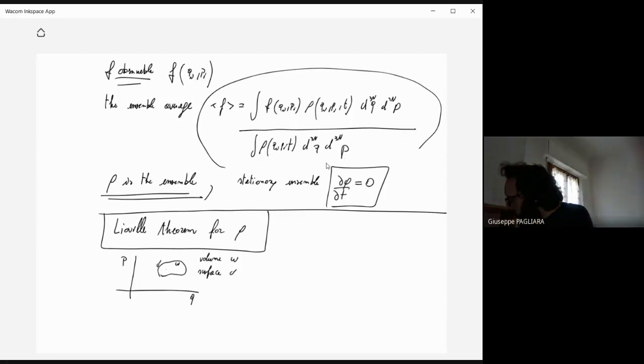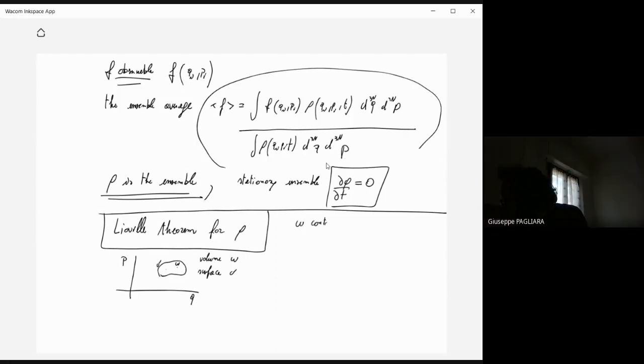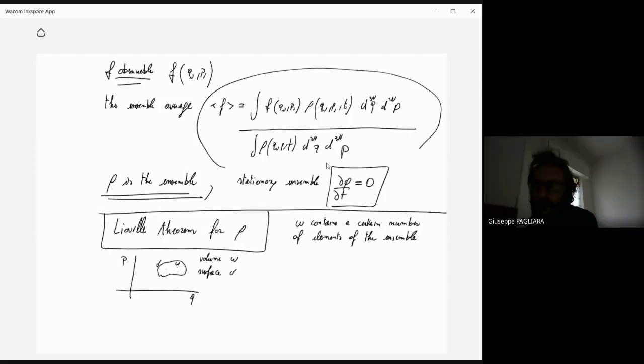Now this omega contains a certain number of elements of the ensemble, so let's say the representative points of the ensemble.